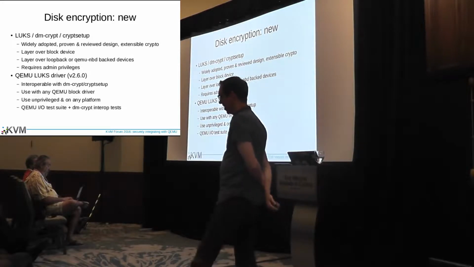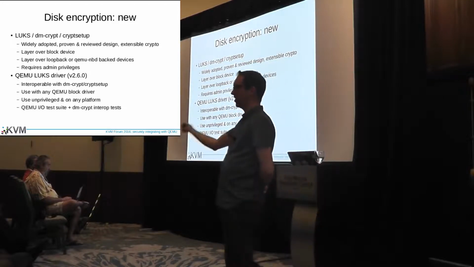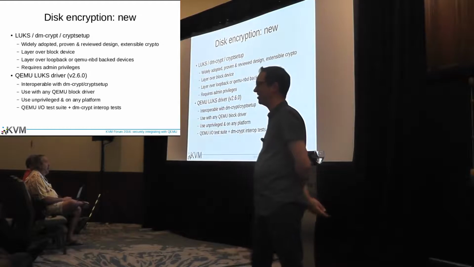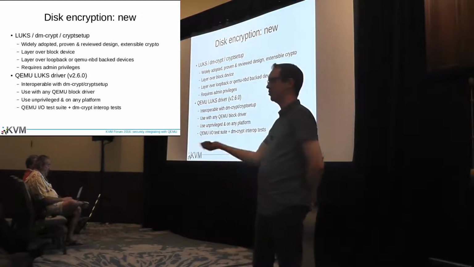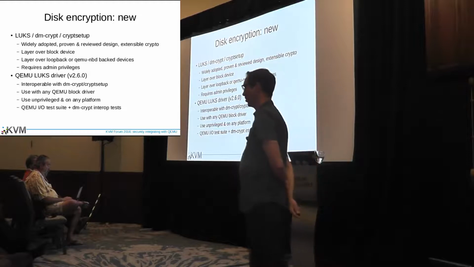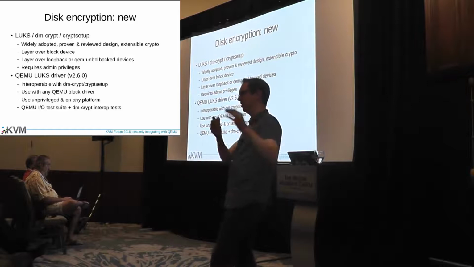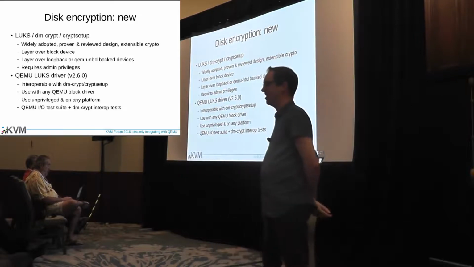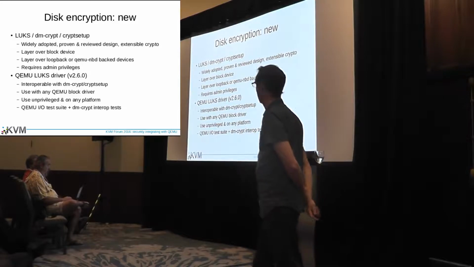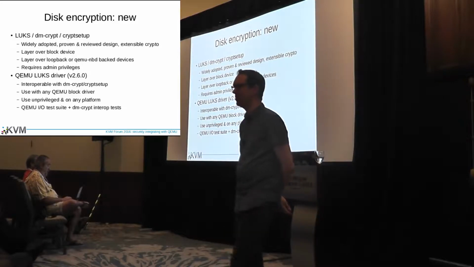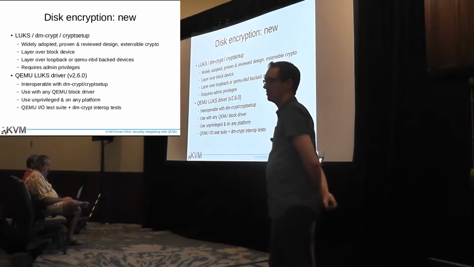The kernel LUKS driver works over block devices, and if you've got plain files you want to use it with, you'd have to first set up a loopback device or use QEMU NBD to turn that QCOW file into a block device, and then layer LUKS over the top of it. So that just adds more layers of complexity in the stack and more things to go wrong when you're setting up QEMU. And of course, all that would be Linux specific.